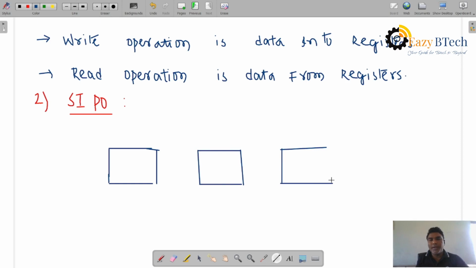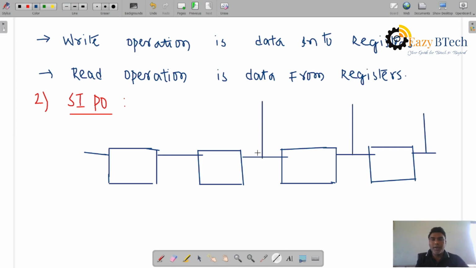Here we are taking the 4 input data, with 4 flip-flops, so the output is also 4, right? These are the flip-flops. You can see the connections. We take output over here, parallel output data, serial in, parallel out. So let me take the data input. This is the data input we are applying.